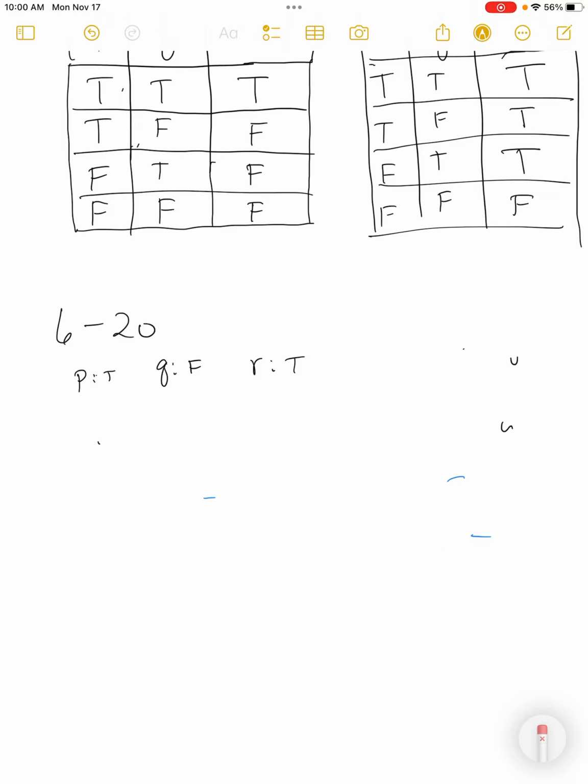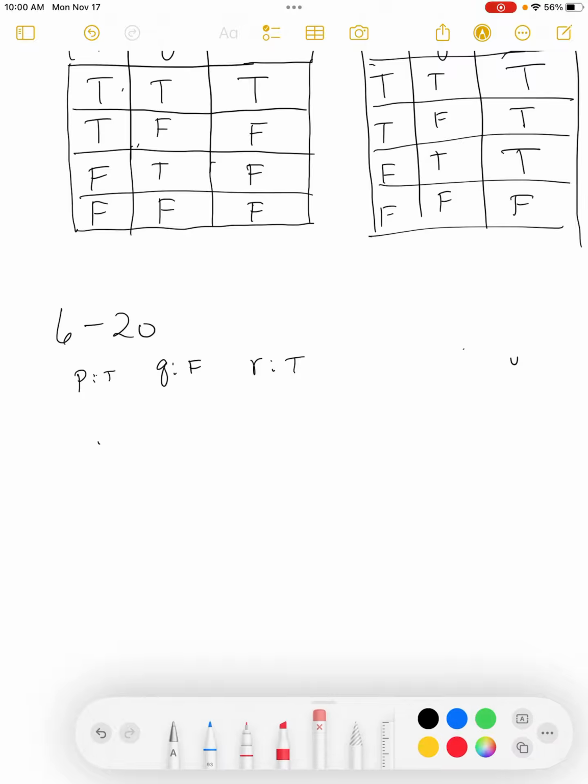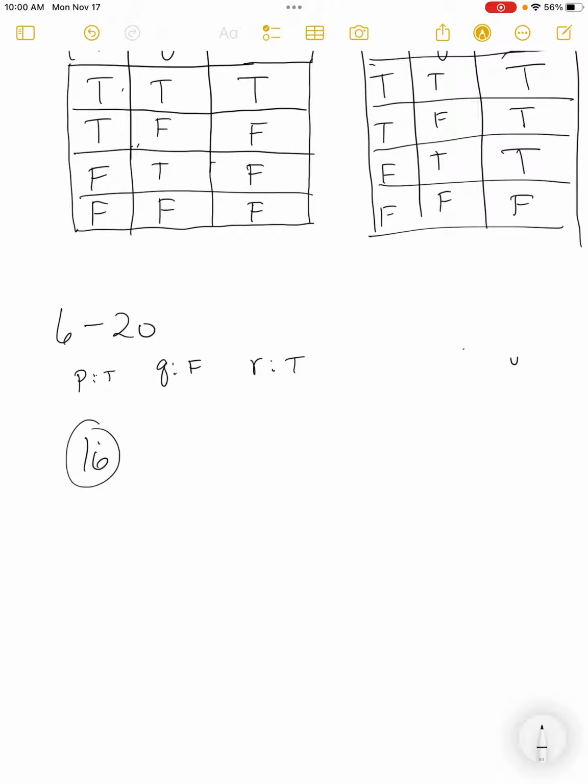So I'm going to erase this. And let's keep looking. So we are at 14, still pretty nice. Let's look at something like 16. As we look at 16, here's what 16 says.